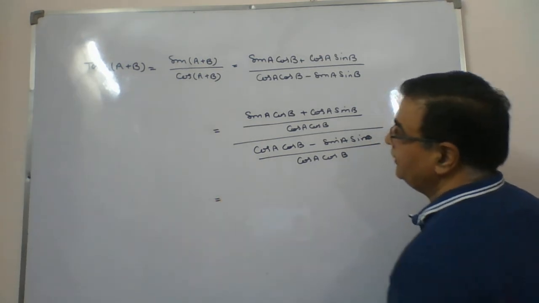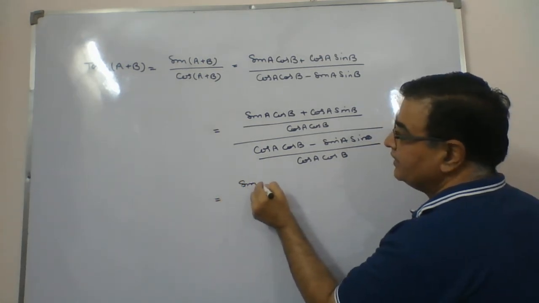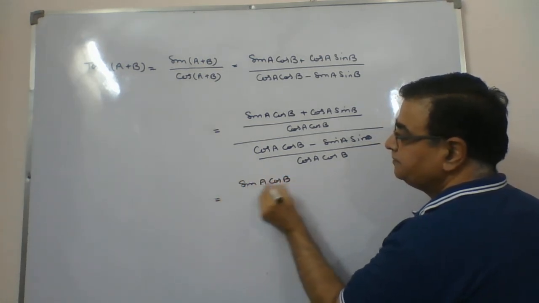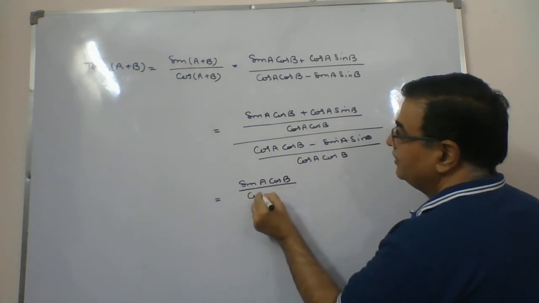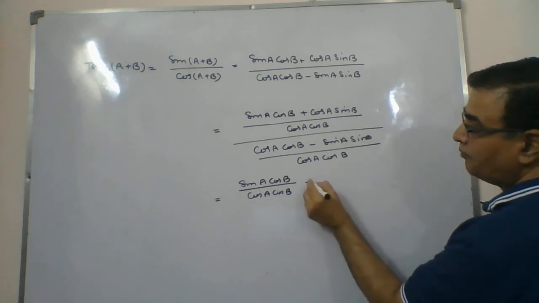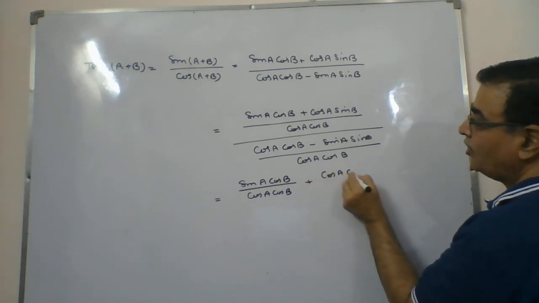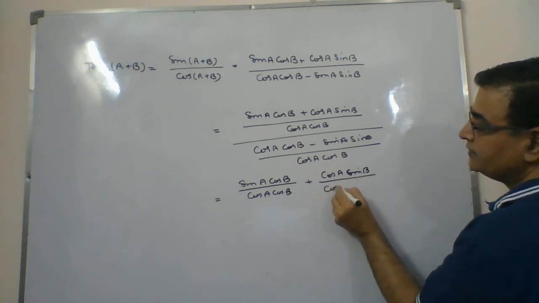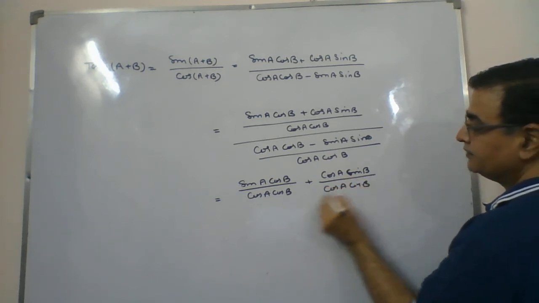Now when you solve it, it will come out to be sin a cos b by cos a cos b plus cos a sin b by cos a cos b.